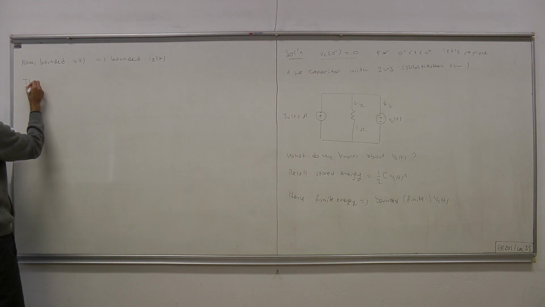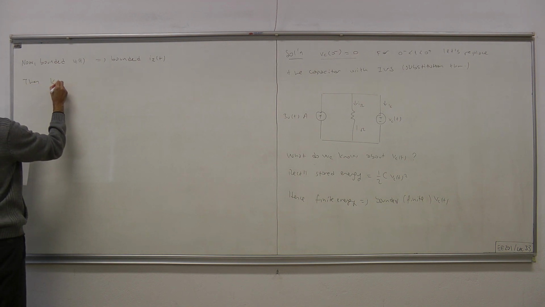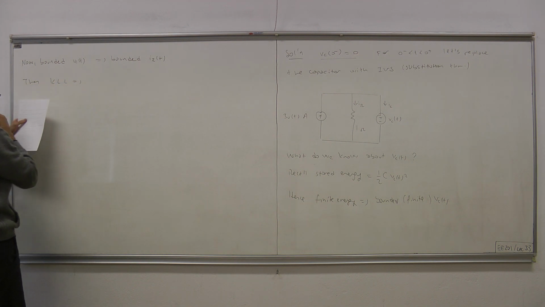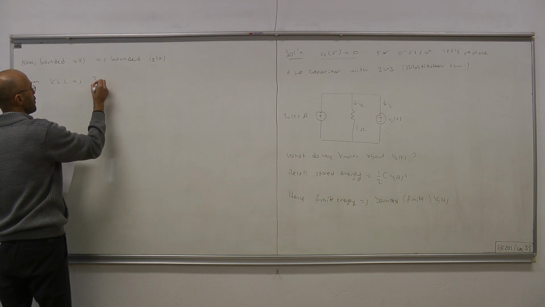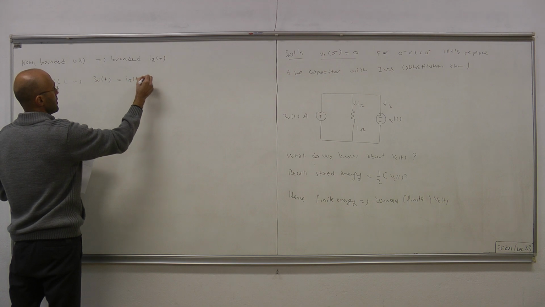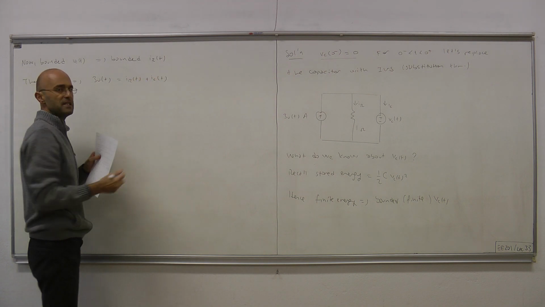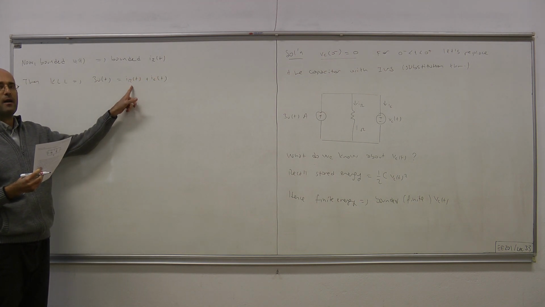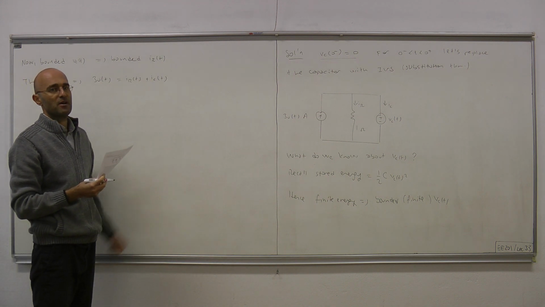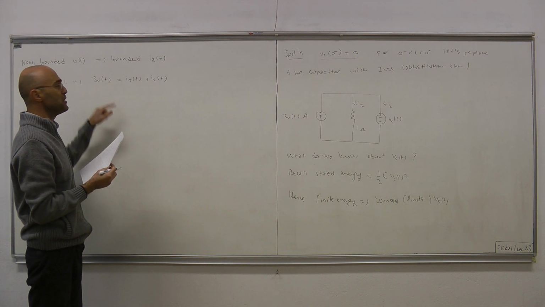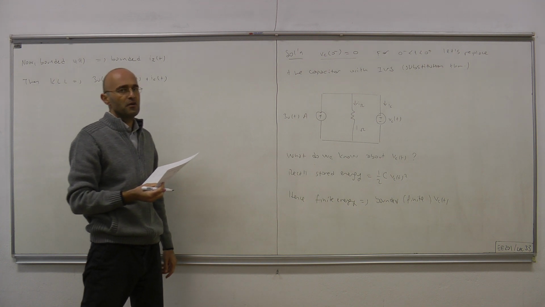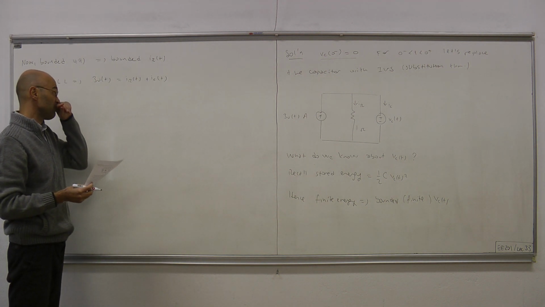Then we can invoke KCL, and that implies 3u(t) equals IR(t) plus IC(t). Now this we figured out is bounded because capacitor voltage is bounded, and 3u(t) we know that even though it's discontinuous, it's also finite, it's bounded.